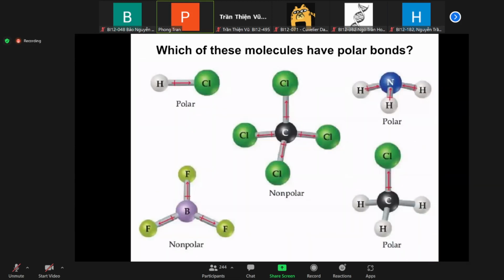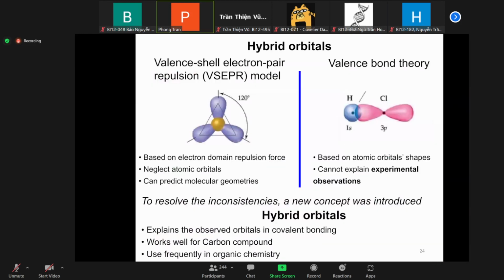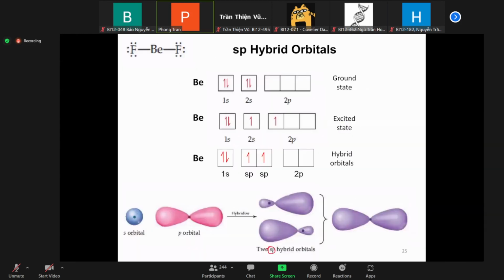So the orbital sp here has a character of orbital s. The orbital s has a very spherical shape, and it has high symmetry.